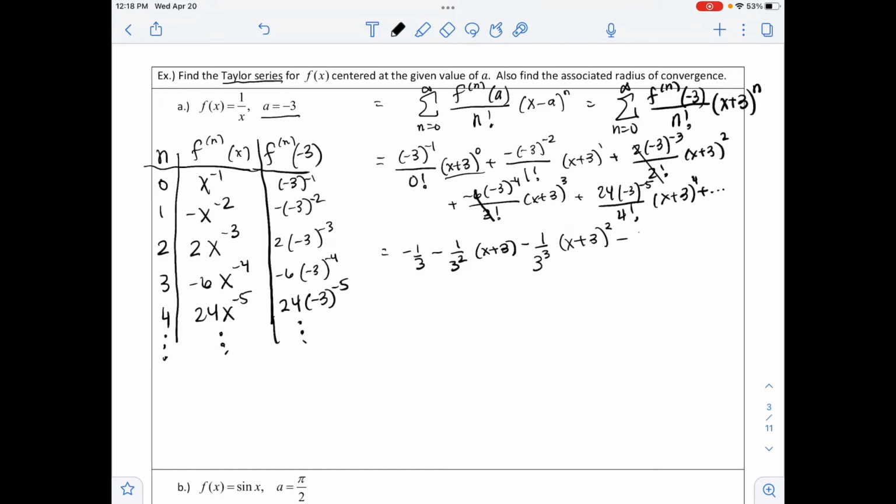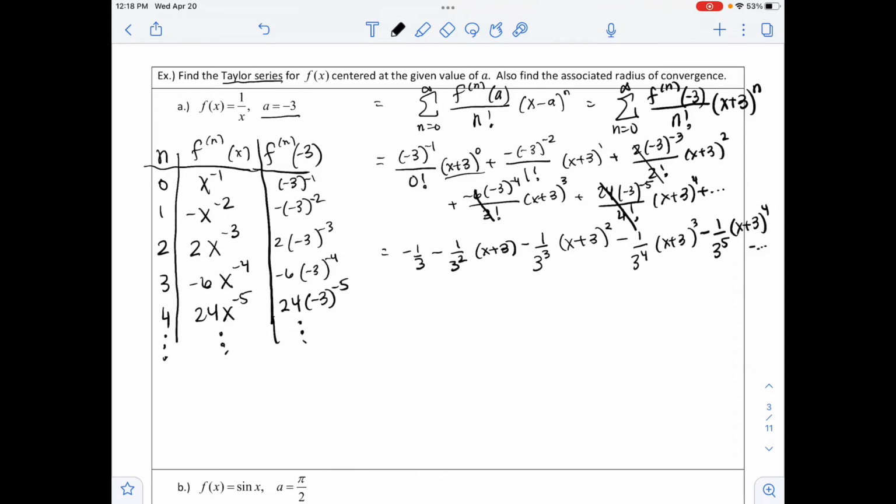And so I'm going to rewrite this as 1 over 3 to the fourth times x plus 3 to the third. The next term that we have is 24 divided by 4 factorial. 4 factorial is 4 times 3, which is 12, times 2, which is 24, times 1, which is 24, and so those would reduce out. And negative 3 to the negative fifth would be a negative value, and I'm going to rewrite as 1 over 3 to the fifth. And then we have x plus 3 to the fourth, and then I'll put some dots in there because this does continue on.